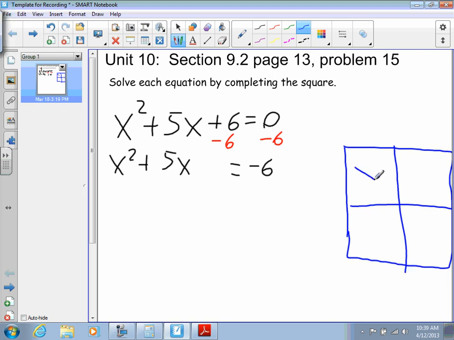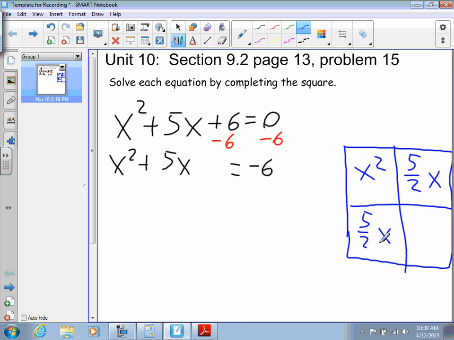So we've got our x squared here, and we need to take this 5x and break that exactly in half. Doing that's going to give us a fraction, 5 over 2x, and here also 5 over 2x.